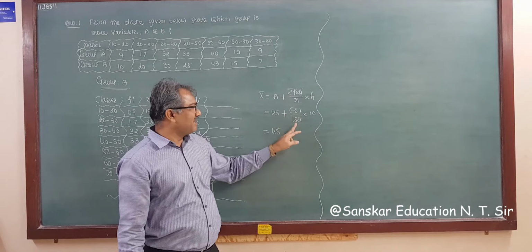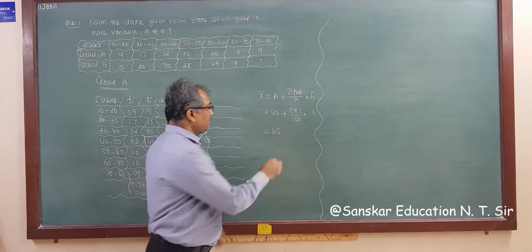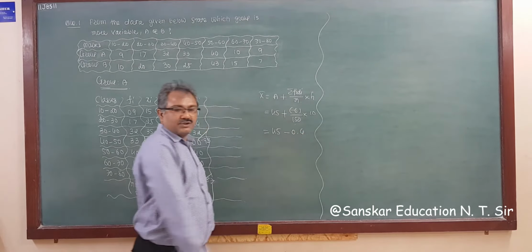Oh sorry, 60 divided by 150, that is 6 divided by 15, that is 0.4. So this is 45 minus 0.4. So our answer will be 44.6. This is 0.4 only.